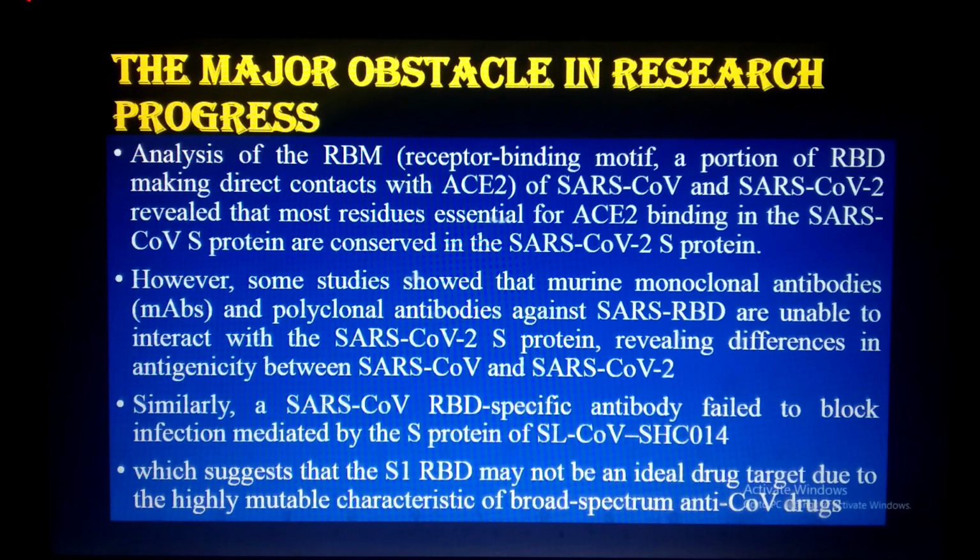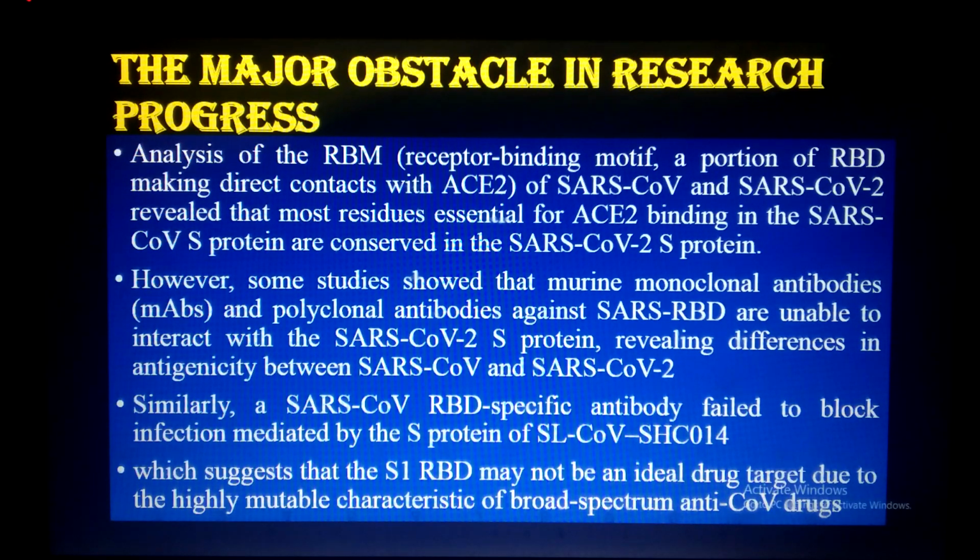It means the antibodies, monoclonal and polyclonal, which are made against the SARS coronavirus 1 RBD domain, are unable to interact with the SARS coronavirus 2 S protein, revealing a difference in the antigenicity.